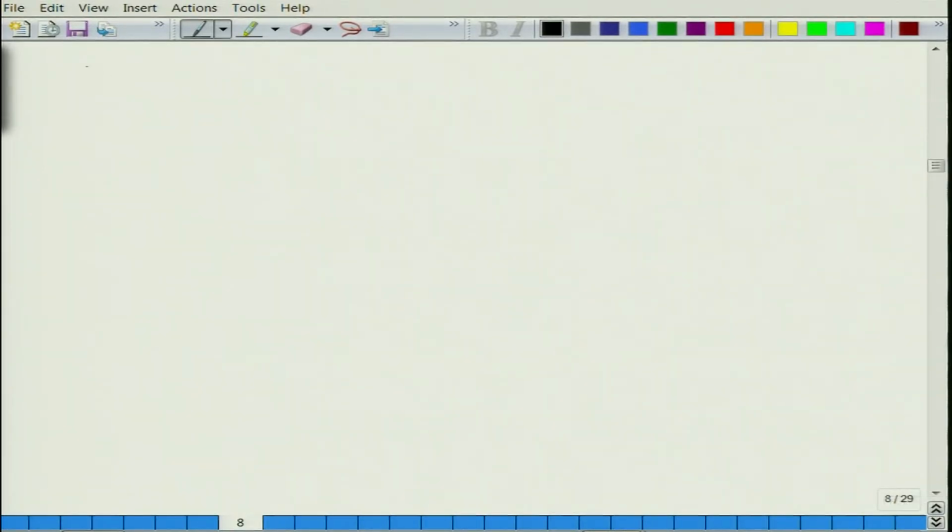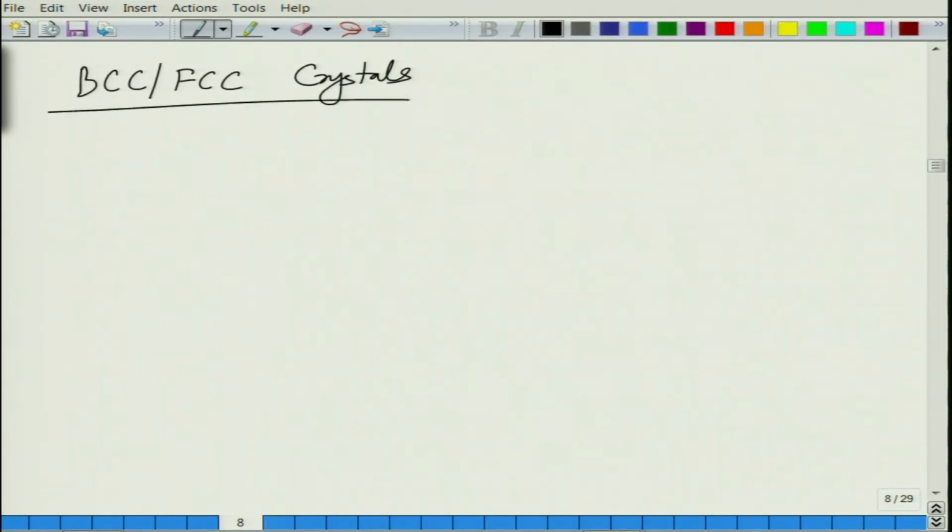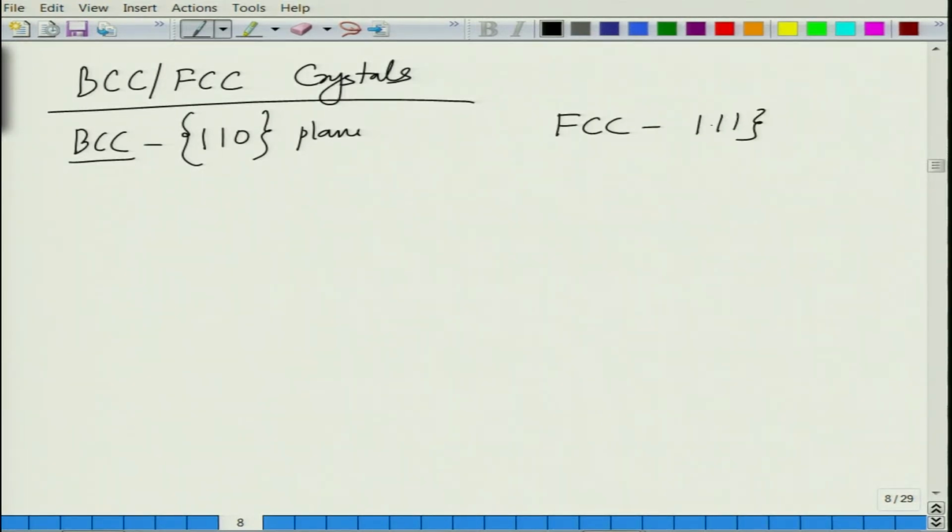However, if you take the example of BCC and FCC crystals, in BCC you have a slip plane which is 110 type slip plane. So, we can write this in this fashion. In FCC we have a slip plane of 111 type.